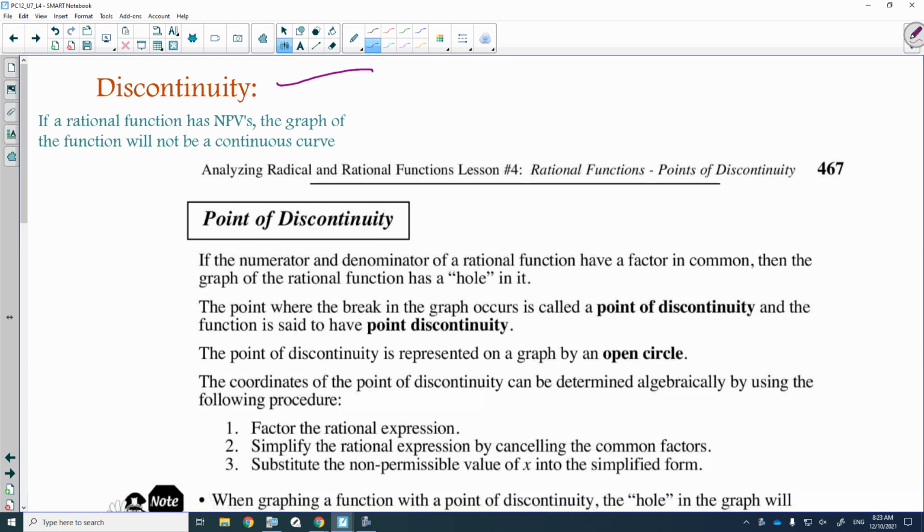There are two types of discontinuities that you need to know about. The first type is what you did in 20-1 and the first couple lessons in 30-1, and that was NPVs. The second type is what you were introduced to yesterday, and that was holes in your graph. Sometimes the test will say holes, or holes are also referred to as points of discontinuity.